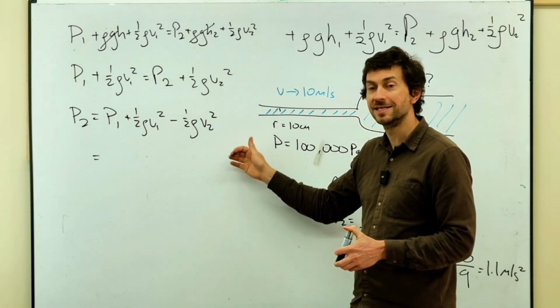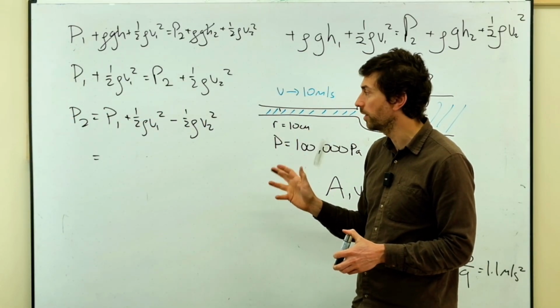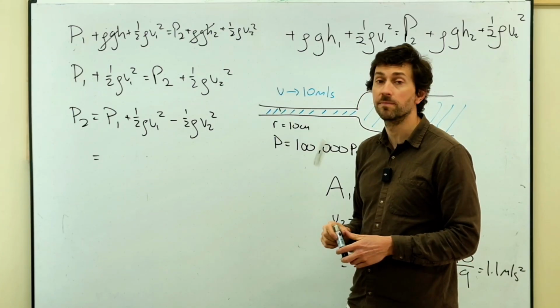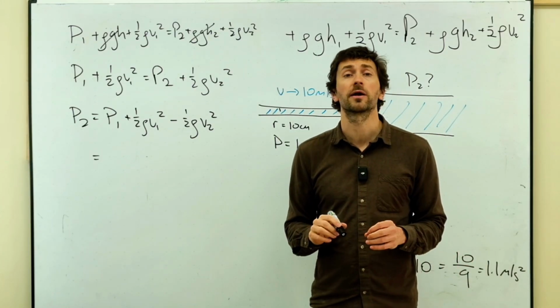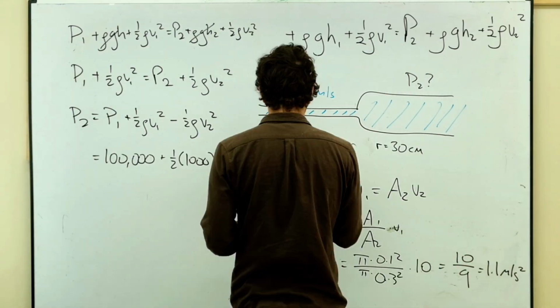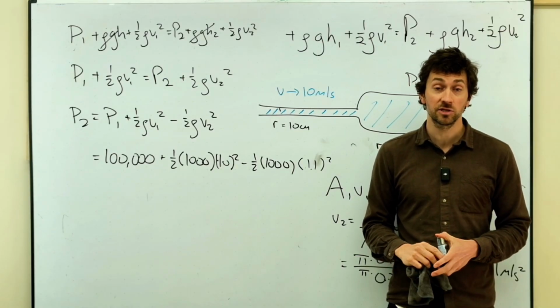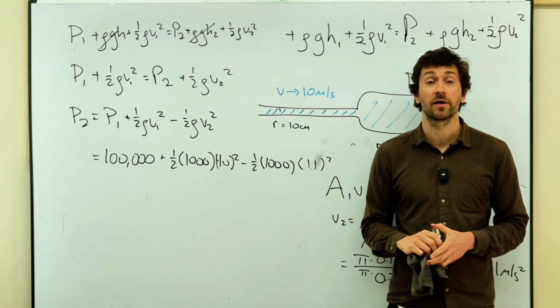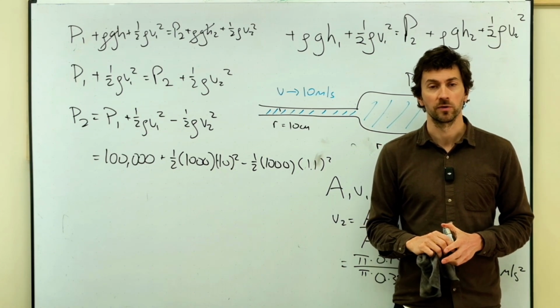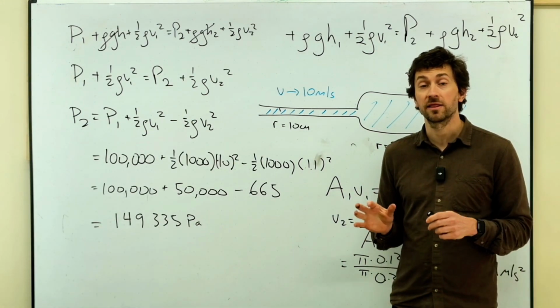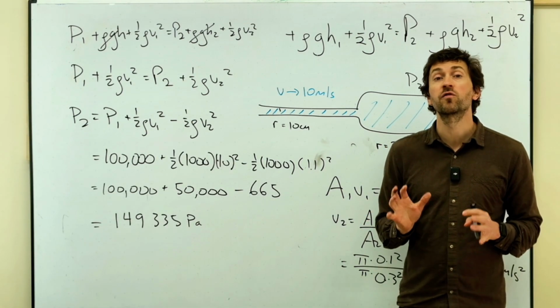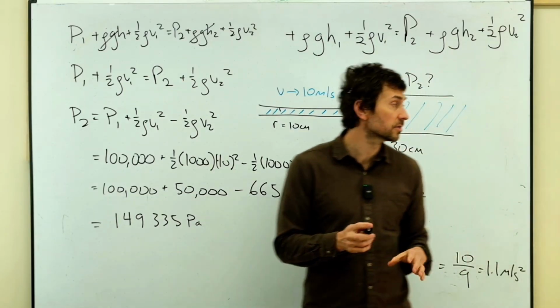So pressure in the second part will be P1 plus 1/2 rho V1 squared minus 1/2 rho V2 squared. So we can put in all our numbers. So we get 100,000 plus 1/2 times 1,000 times 10 squared minus 1/2 times 1,000 times 1.1 squared. So we get that the pressure is 149,000 pascals.